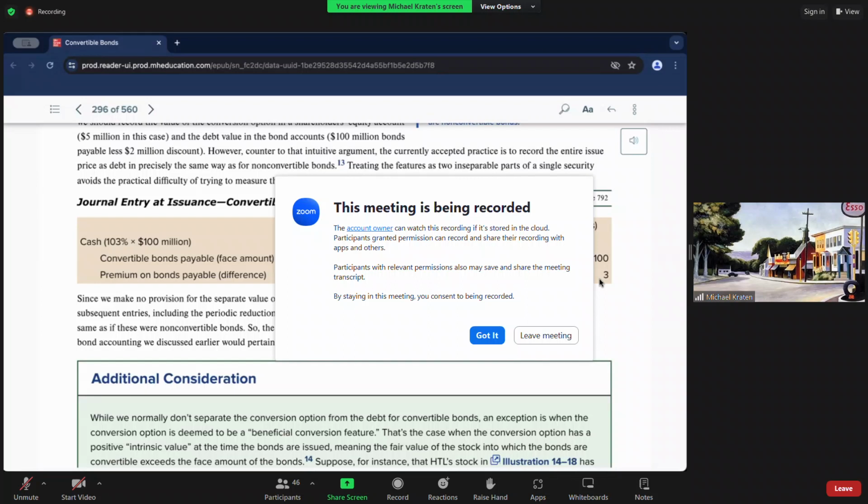But at this moment, because there was a bank out there that was actually willing to give you 103, the amount of cash you get is 103, and the value of the debt is the cash that you just got for it, 103.